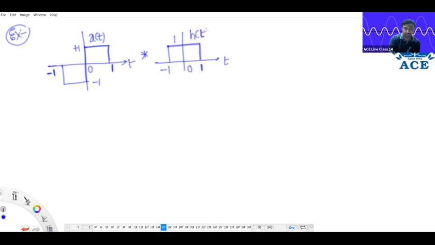Because they are of equal length, 100% the resultant graph will be a triangle. Just simplify and draw the output, everyone.